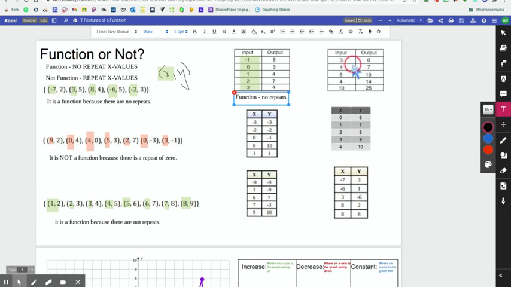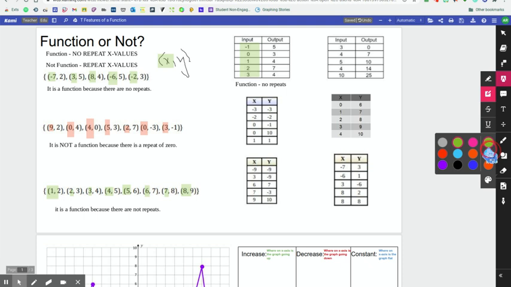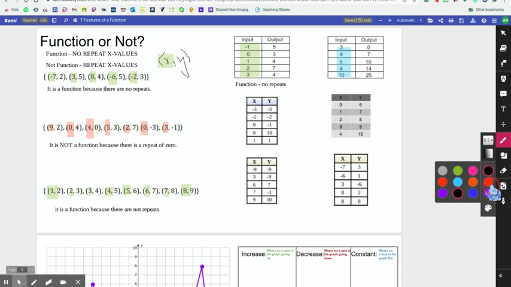What about the table to the, what side of the screen is that? The right side. What about this right side? Tell me. Not a function. Why is it not a function?